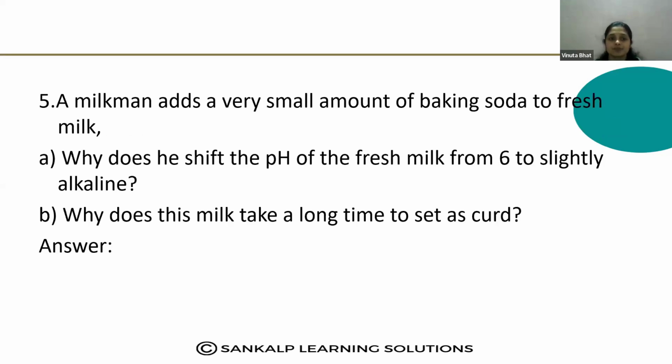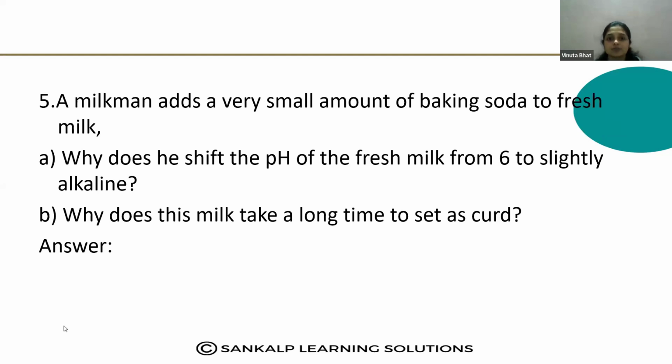Next question. A milkman adds a small amount of baking soda to fresh milk. Why does he shift the pH of the fresh milk from 6 to slightly alkaline? Why does this milk take a long time to set as a curd?